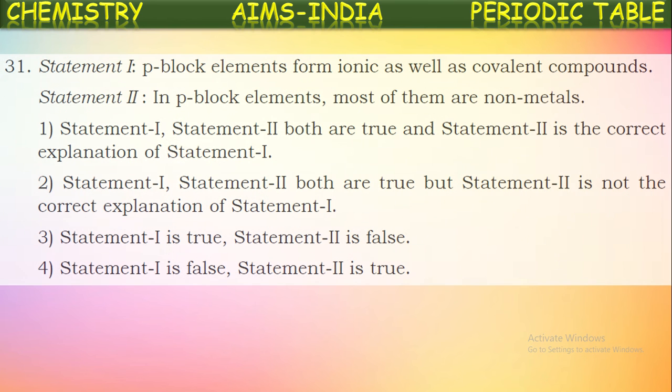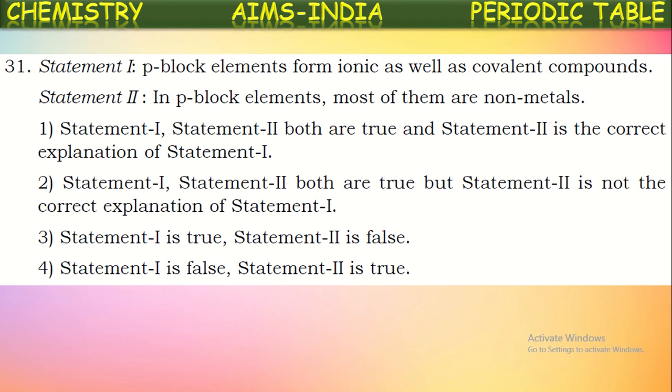See the next question. P block elements form ionic as well as covalent bonds. Yes, P block elements can form both ionic as well as covalent compounds. Second statement, P block elements, most of them are non-metals. Yes, because most of them are non-metals, they can form both ionic as well as covalent bonds.